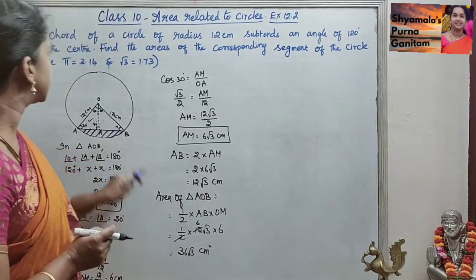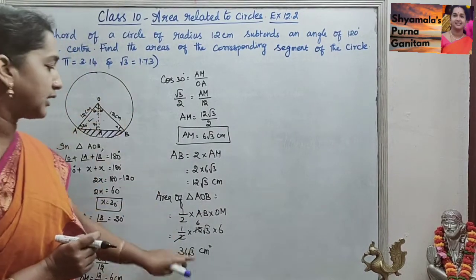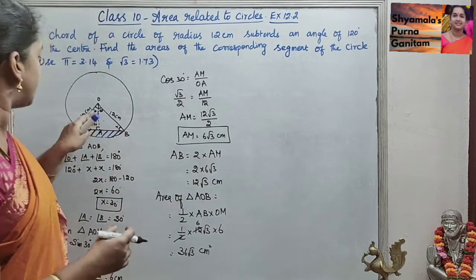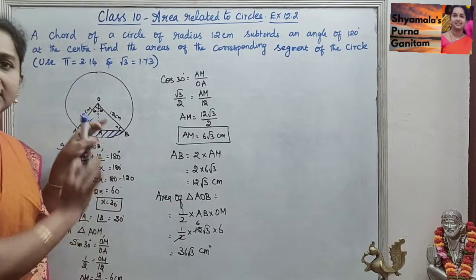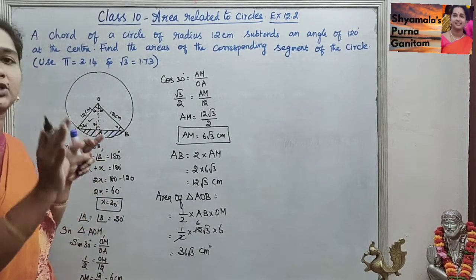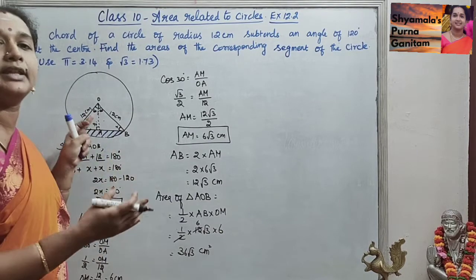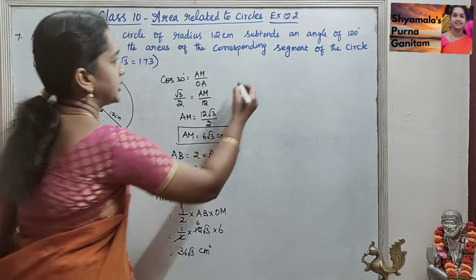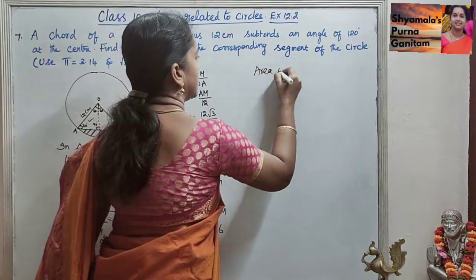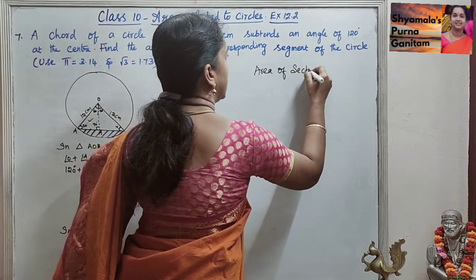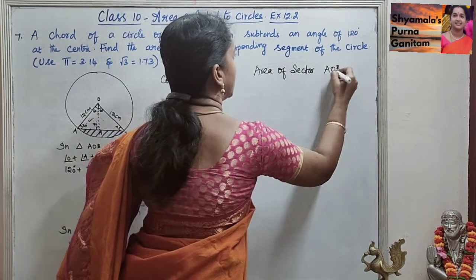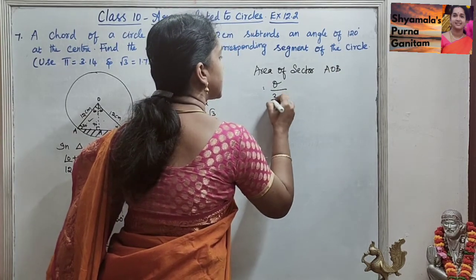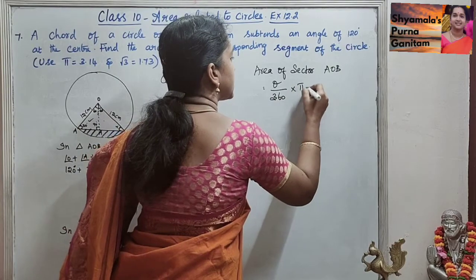Since the value for root 3 is given, we will do that later. First we will find the area. Now that we have the area of the triangle AOB, we will find the area of the sector AOB. So area of sector AOB is equal to theta by 360 into pi r squared.